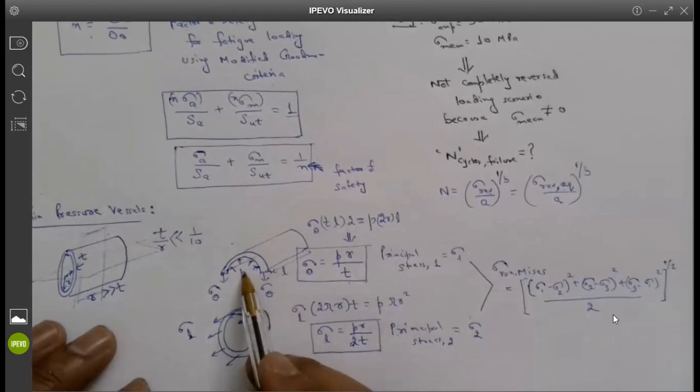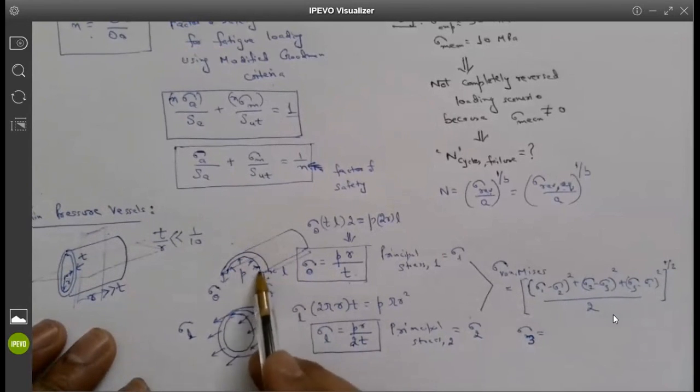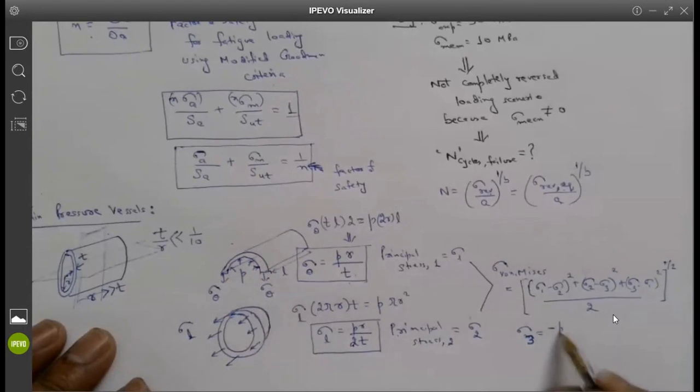Sigma 3 is equal to the pressure if it is inside and 0 outside. Sigma 1 acts like this, sigma 2 acts perpendicular to this section, and sigma 3 will be your pressure itself, the normal pressure acting on the internal surface. Sigma 3 is negative P for the inside surface and 0 for the outside surface.